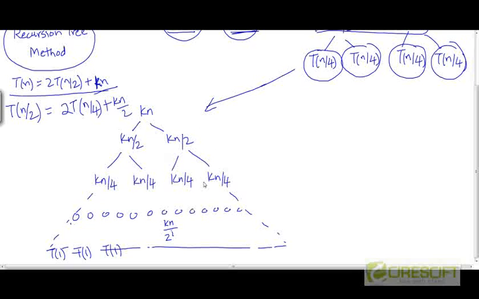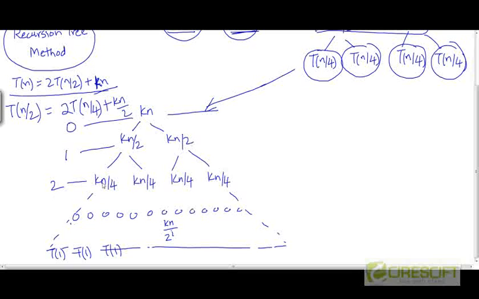Now, how many levels will this final tree have? This is called the recursion tree, and let's assume that this is level 0. Let me call this level as level 1. Let me call this level as level 2. So at level 1 we had two values, k times n by 2.